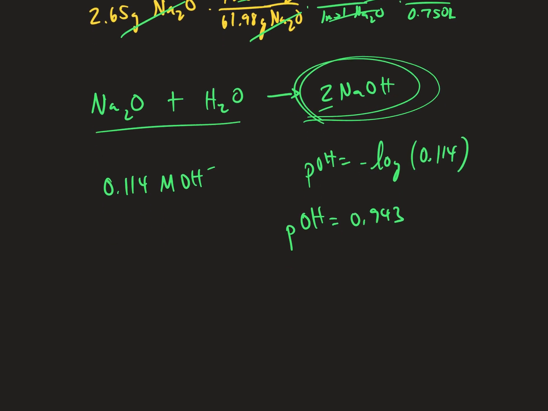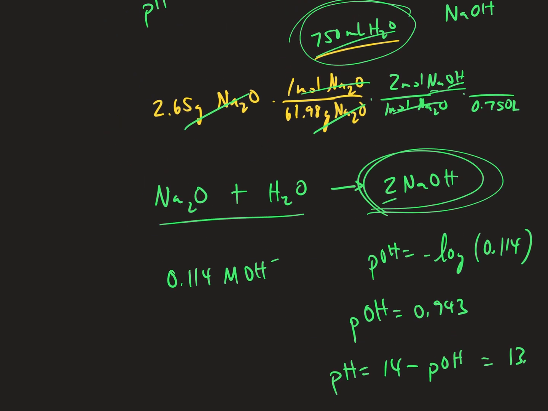Then to find the pH, it's just 14 minus the pOH, which is 13 point something. Make sense? Yeah, if you didn't know that equation, I was thinking about something and I was getting stuck at the same time. Yep.